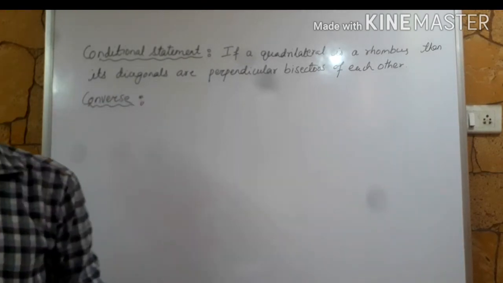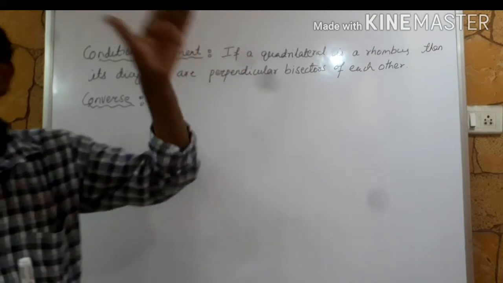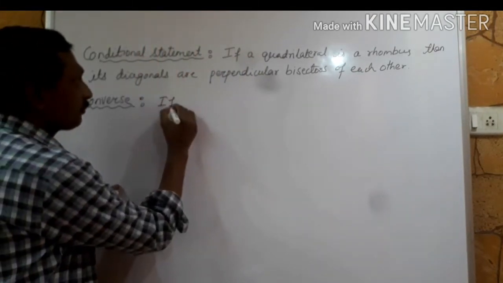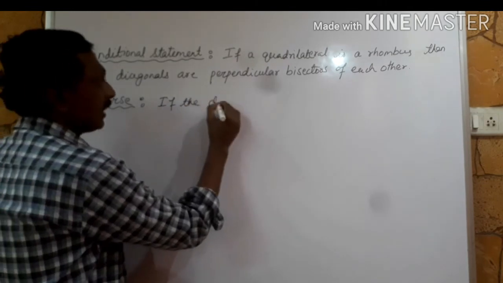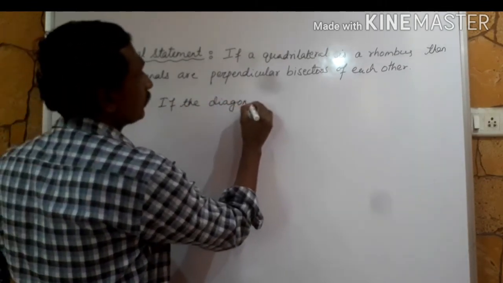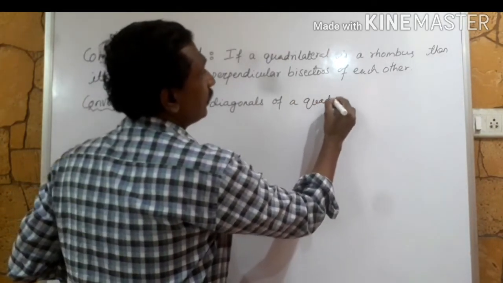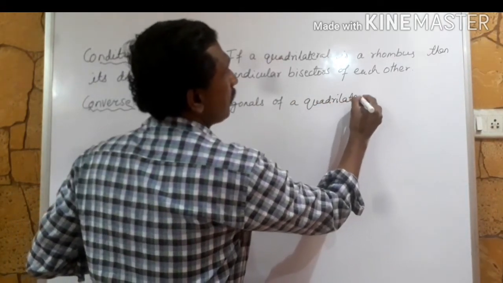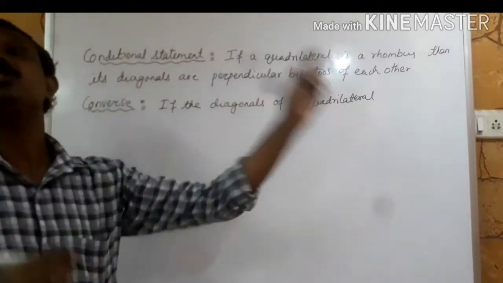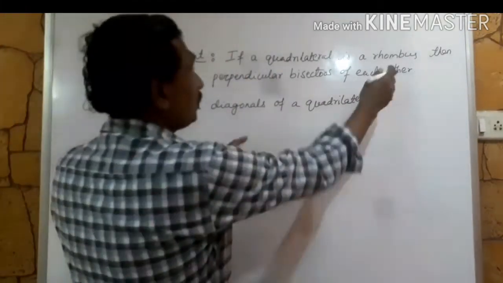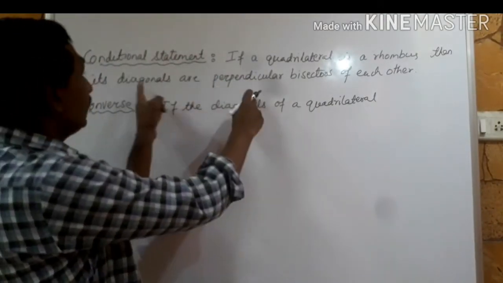We will write the converse of this. So how do we write the converse of this? If the diagonals of a quadrilateral are perpendicular bisectors of each other, then it is a rhombus.